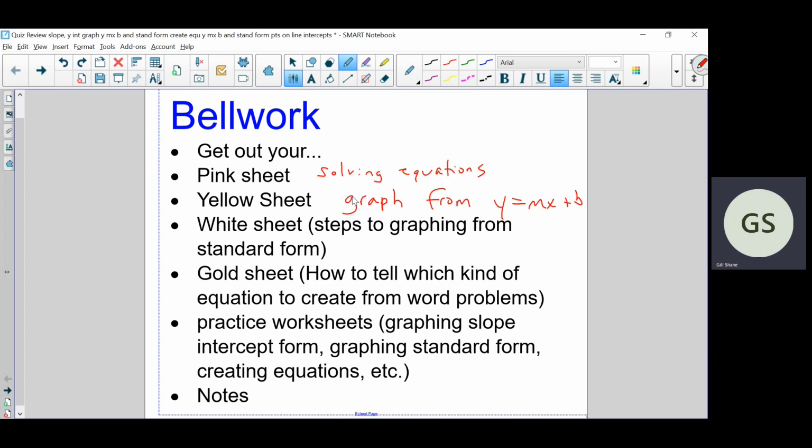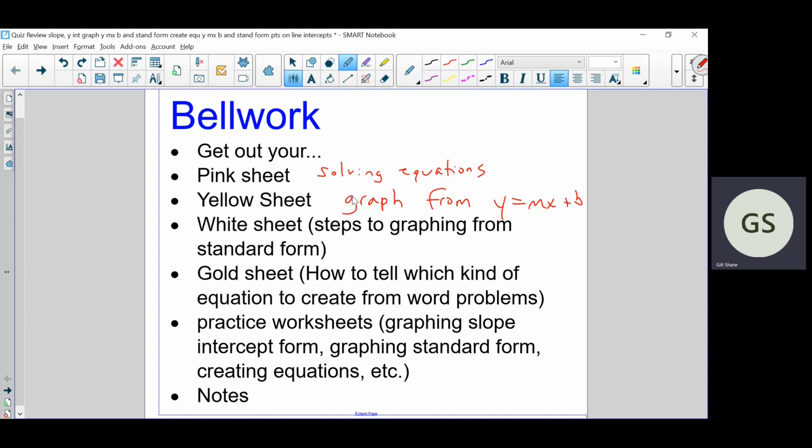We did almost every possible example you could have. It tells you how to do one. I don't think it's going to be hard on the quiz. This one's also not a bad one to have. I didn't put it up there because I don't think you'll need it, but it's not going to hurt to have it. The main white sheet, though, is this one that says steps to graphing from standard form.